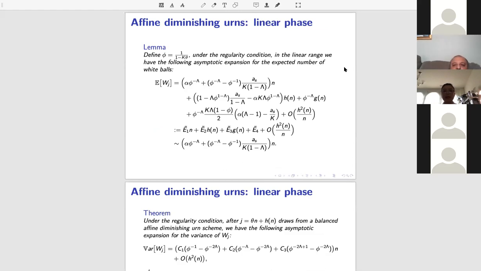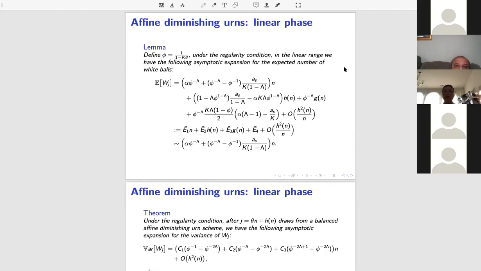And we see that in the linear range, the coefficient for n is not alpha anymore, which means if the number of draws is a proportion of n, so it is of the same order as n, then we will lose a sufficiently large proportion of the white balls.